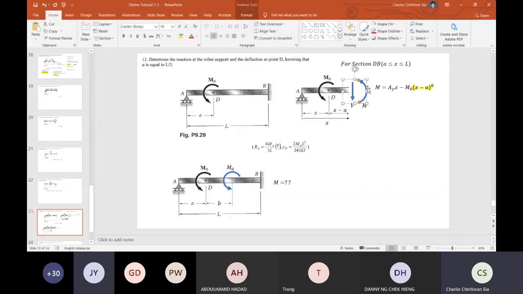From A to the point that you cut is considered as x, and AD is a, and from D to the point that you cut is x minus a, right?